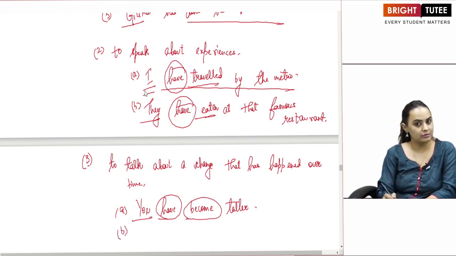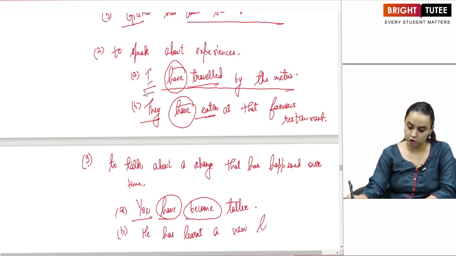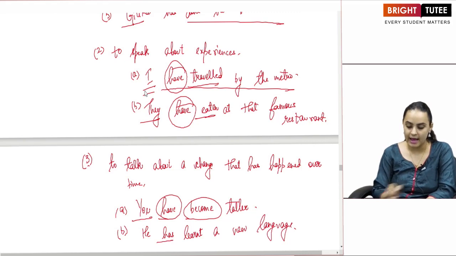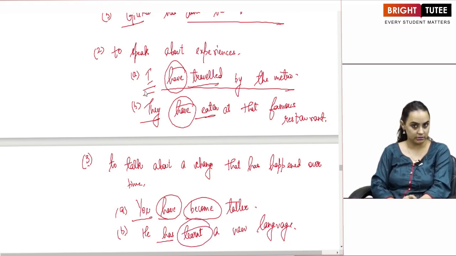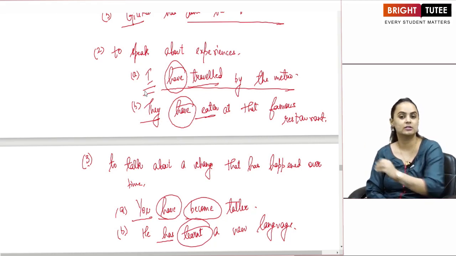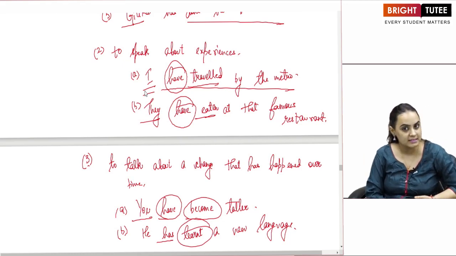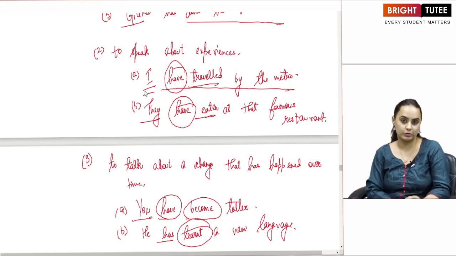If I give you another example, he has learned a new language. So he is my subject. Has, because he is singular, and the third form of the verb learn is learned. So he has learned a new language. This is the present perfect tense, because I'm talking about something that has changed over the years.